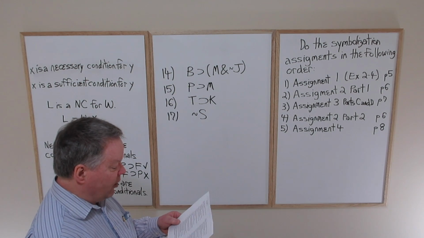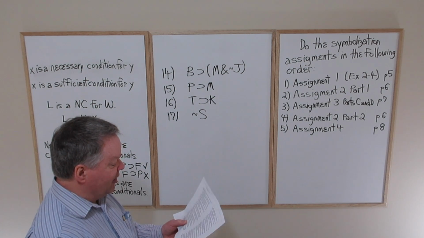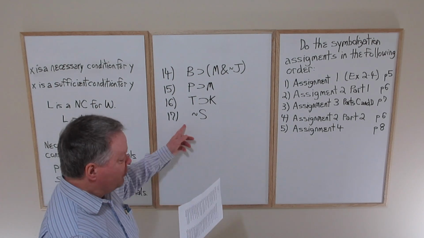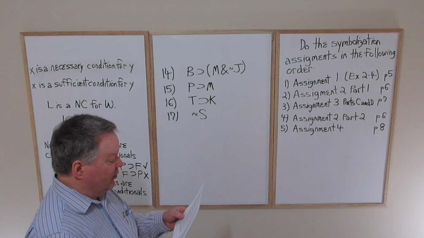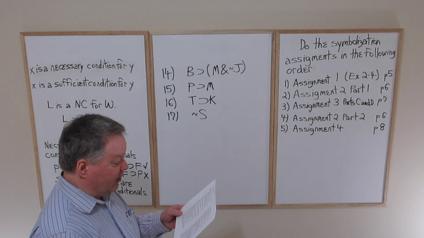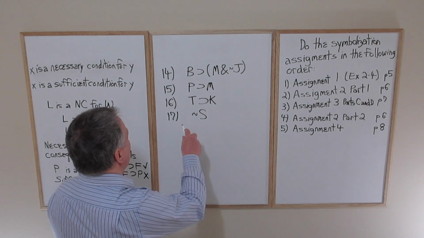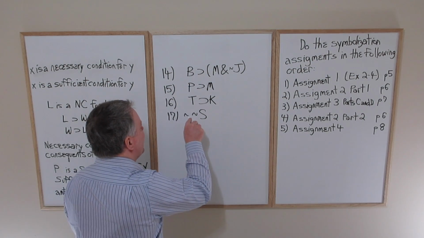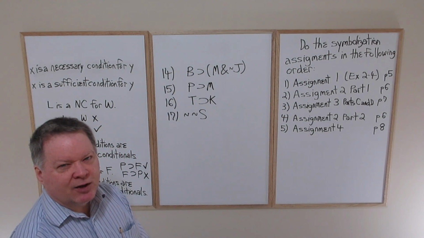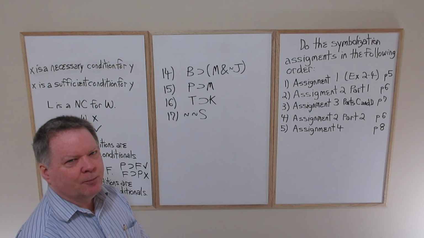Given that we've got tilde S symbolizing the statement in the quotation marks there, Santa does not exist, how do we symbolize 17, the statement tilde S is false? Answer, we just put another tilde in front of it. Tilde, tilde S. No additional brackets are necessary.